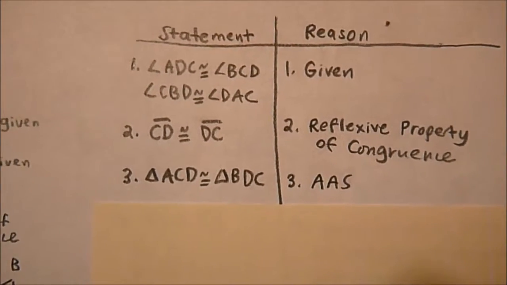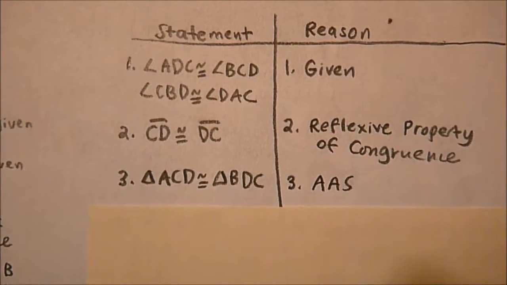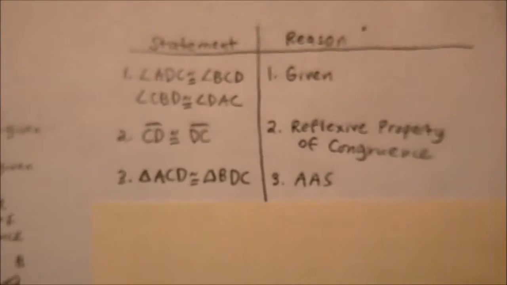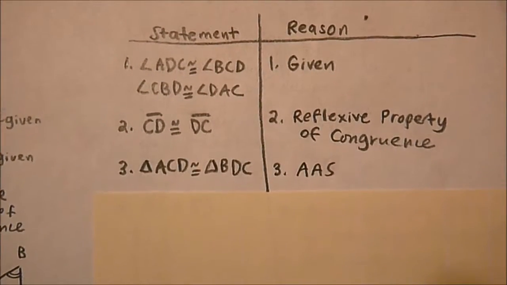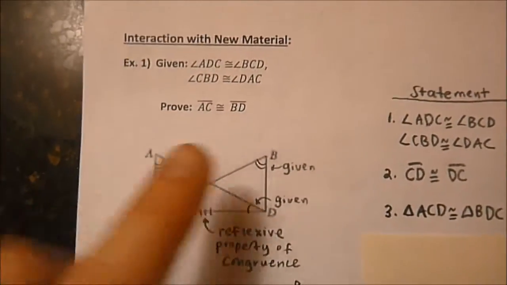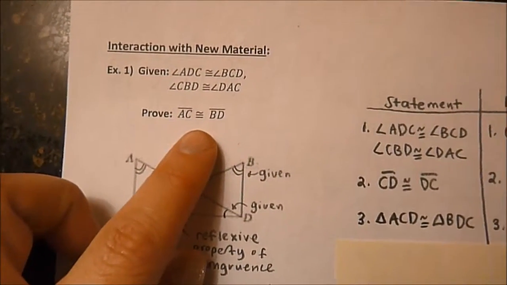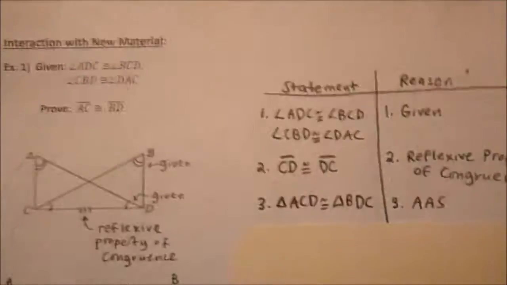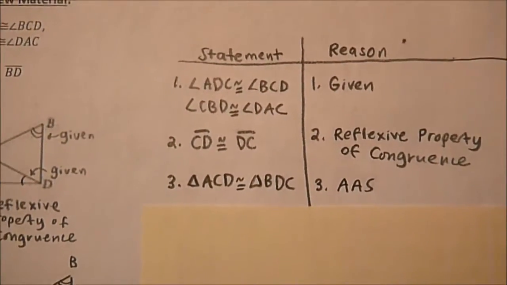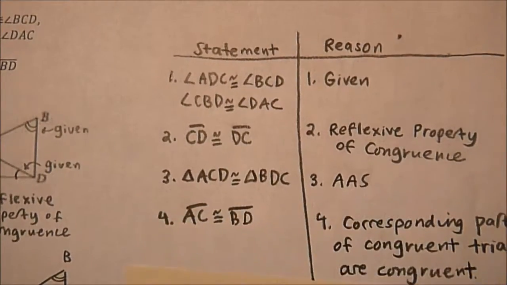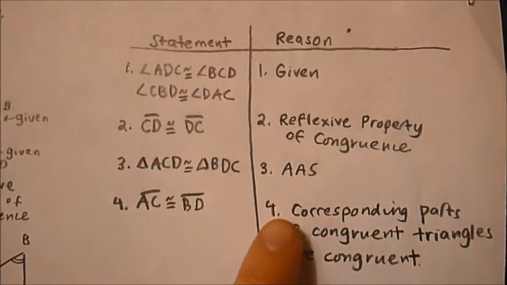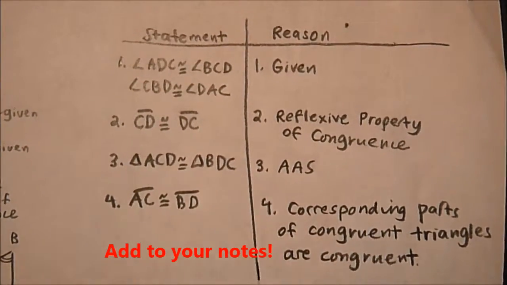So here's my proof of all of the information that I annotated in this diagram up to proving the triangles congruent. But remember, in this proof, we were not asked to prove the triangles congruent, we were asked to prove corresponding parts congruent. So as our key point told us, once we have proved the triangles congruent, we're allowed to prove corresponding parts are congruent by CPCTC. Corresponding parts of congruent triangles are congruent.